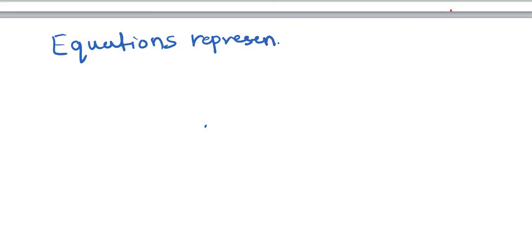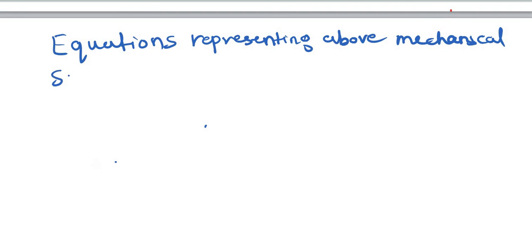So the equations representing the above mechanical system are, see, when we have two displacements, there will be two equations. The number of equations will be equal to the number of displacements.